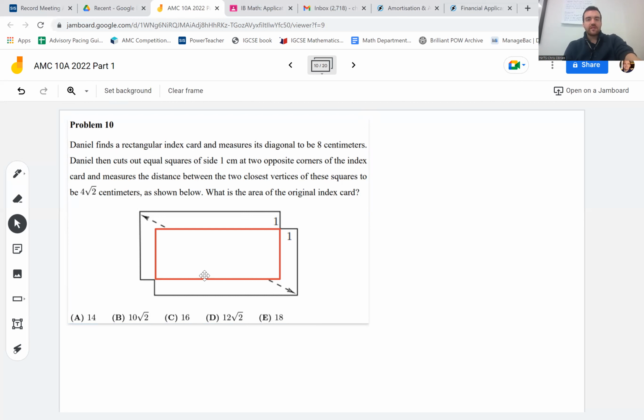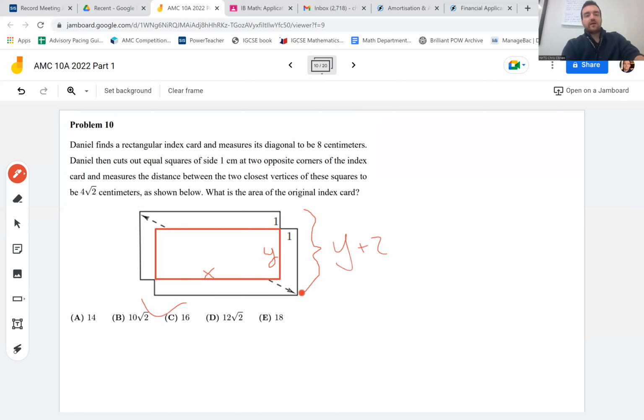Basically, I considered the inner length of this rectangle to be X, and this vertical length to be Y. Which would mean that this outer distance here would be Y plus 2, and this outer distance here would be X plus 2.